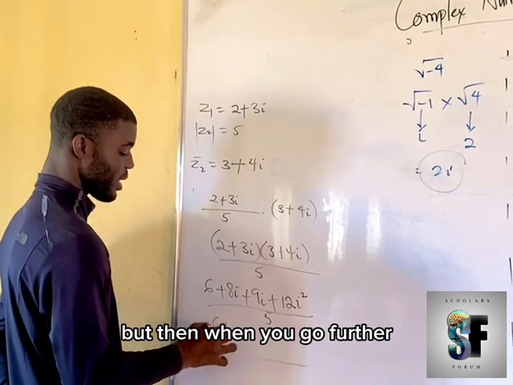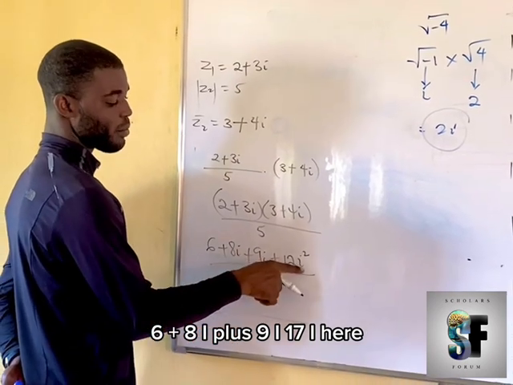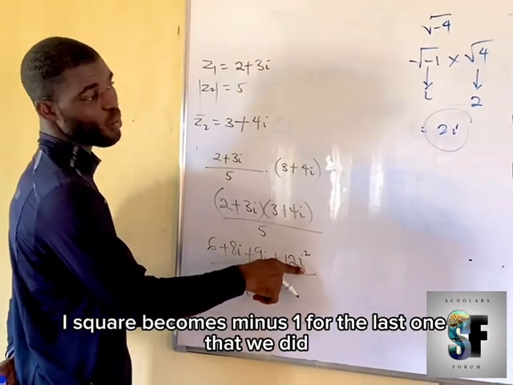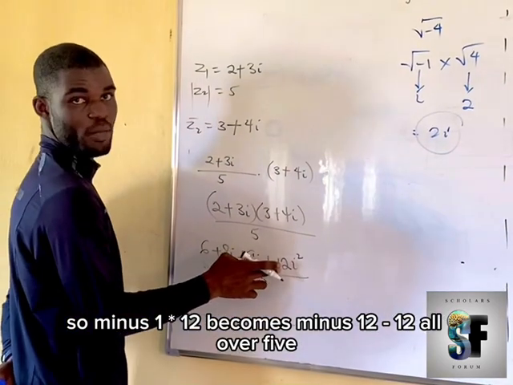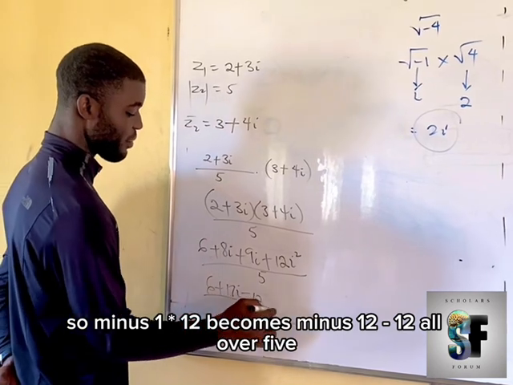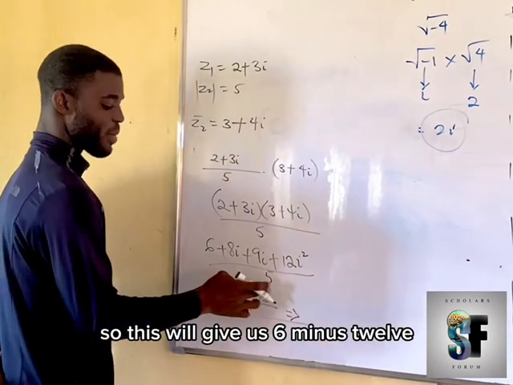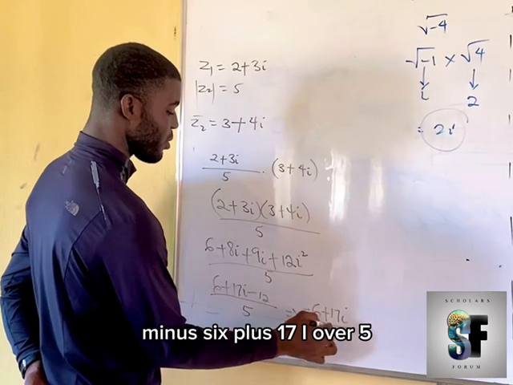When you go further, 6 plus 8i plus 9i is 17i. Here, i squared becomes minus 1, so minus 1 times 12 becomes minus 12. So this will give us 6 minus 12, which is minus 6, plus 17i over 5.